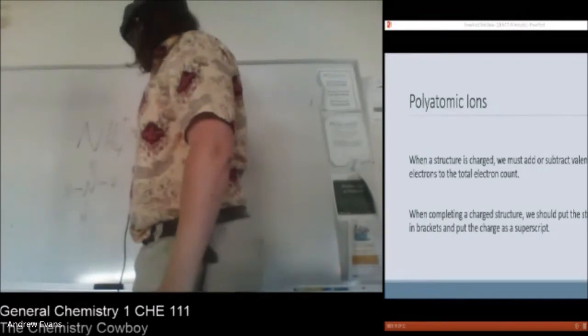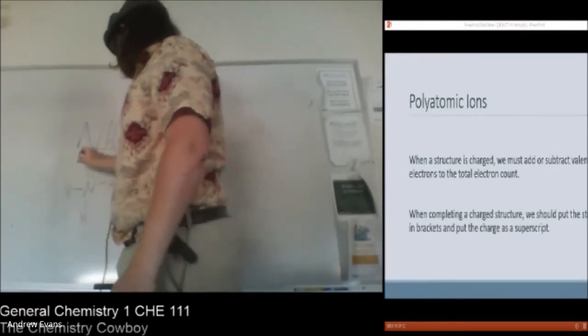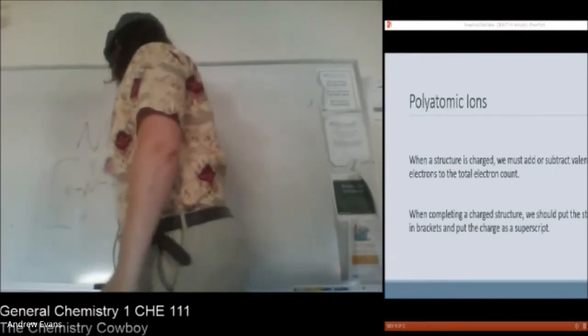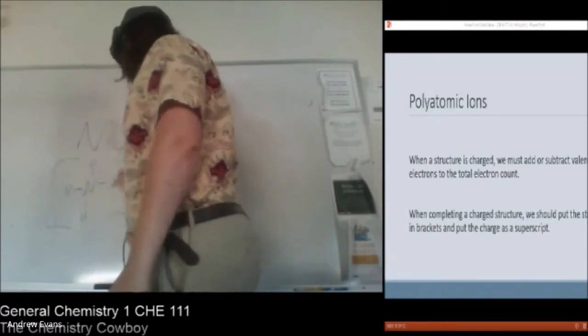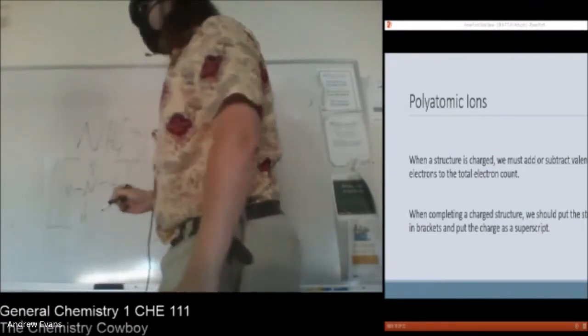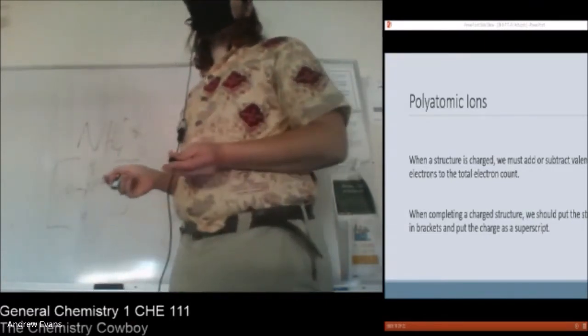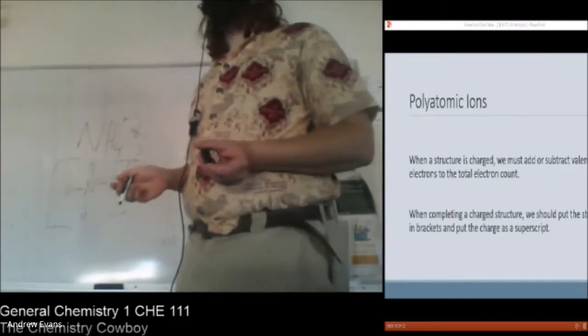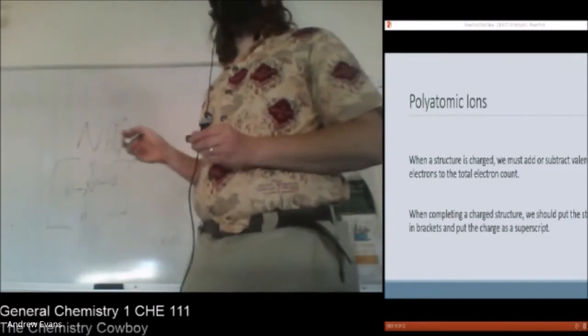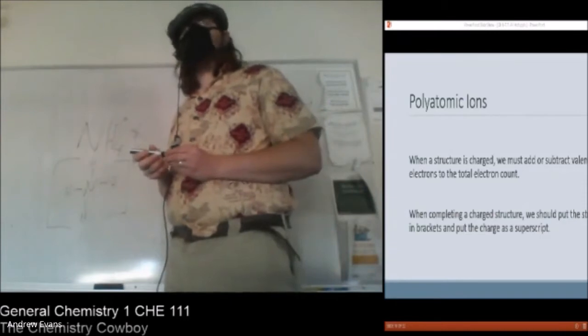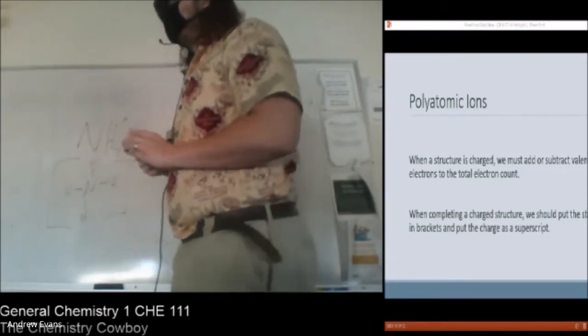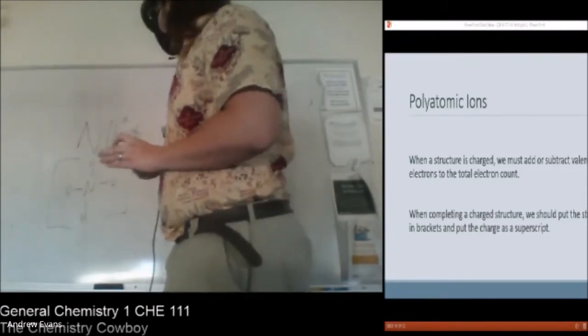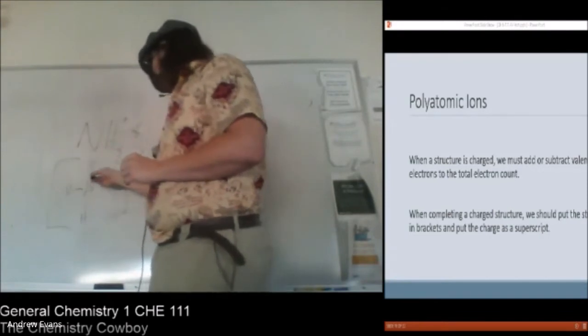I've already used up all my available electrons. So ammonium would just be N with 4 H's off of it. And instead of having 9 electrons to deal with, we have 8.